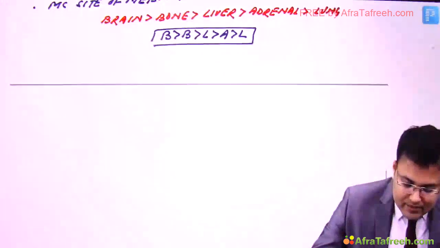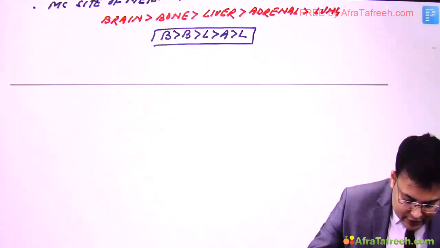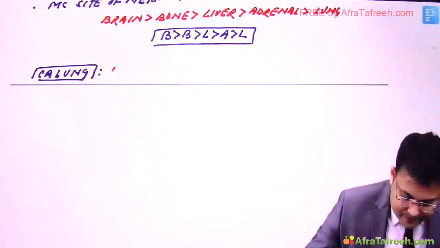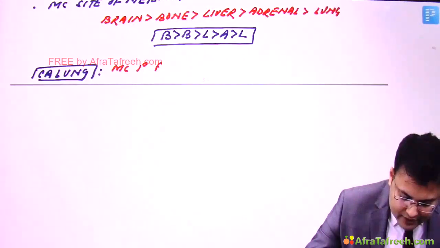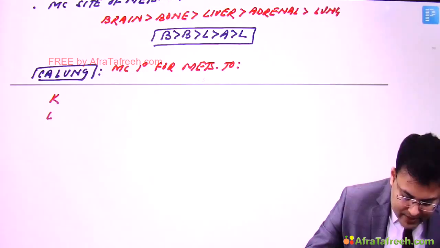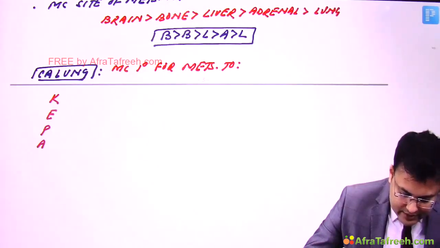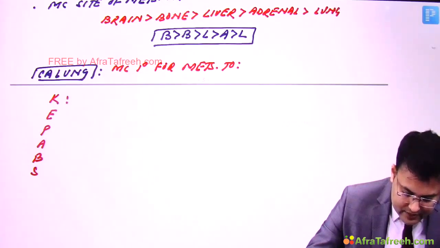Okay. So another important point, that carcinoma lung is the most common primary for metastasis to 6 organs. The mnemonic is KEPABS. Clear?